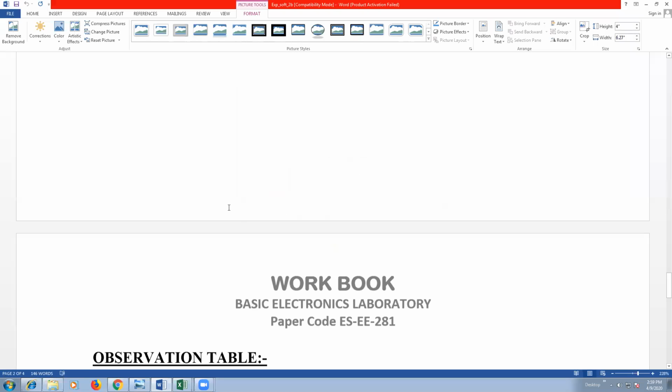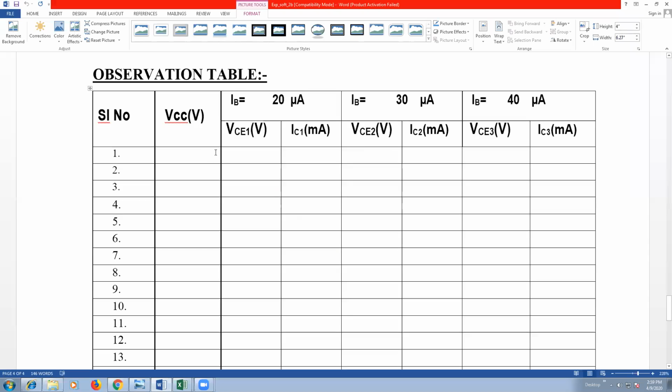Then you have to take the corresponding readings of VCE and IC. VCC will be in volt, VCE will be in volt, IC will be in milliampere, and IB will be in microampere.